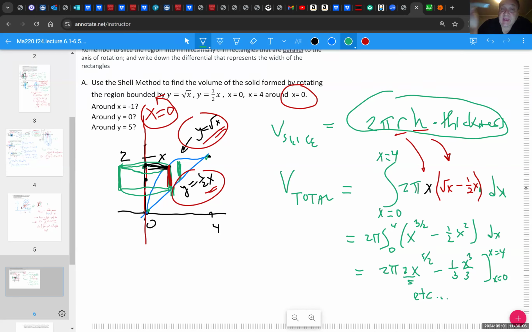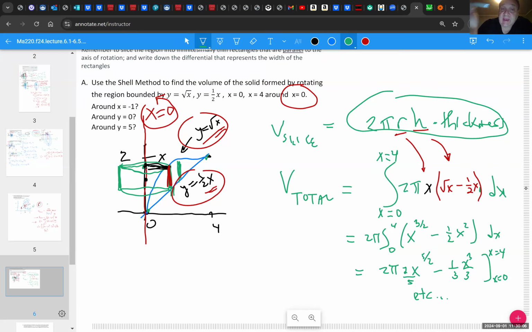All right, so I get my region here: 4, 2, top 1, bottom 1, and we're revolving around the line x equals -1. The x-axis is the horizontal axis, so x equals -1 is over here. This is where x equals -1 is, and so this is my axis of revolution. And to do the shell method, I have to draw a rectangle parallel to it.